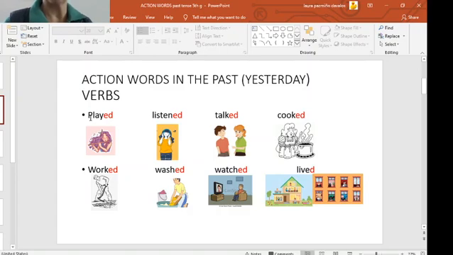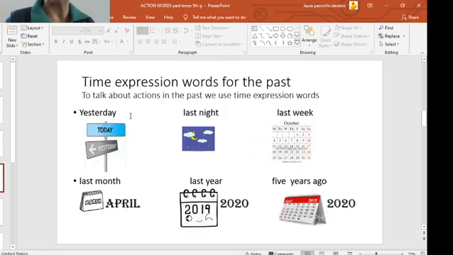I'm going to use the subject pronoun. For example, I'm going to say, I played video games. Y voy a escoger un time expression word. I played video games last week. ¿Ok? ¿Ven cómo se ayudan entre todas estas?